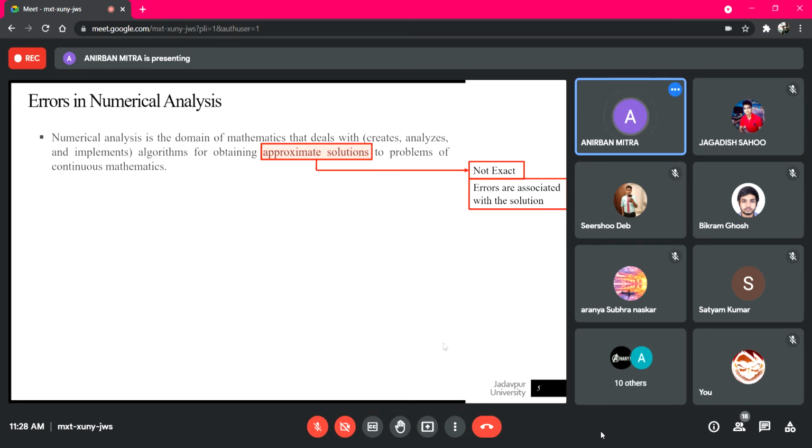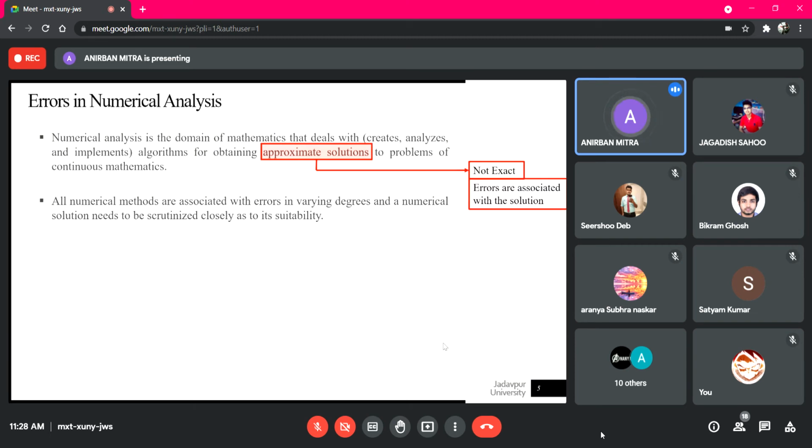Any solution obtained through numerical analysis, let's call it a numerical solution, is associated with errors. So all numerical methods and solutions provided by these methods are inherently linked with errors. Of course, the amount of the error, that is its magnitude, varies depending on a lot of factors.